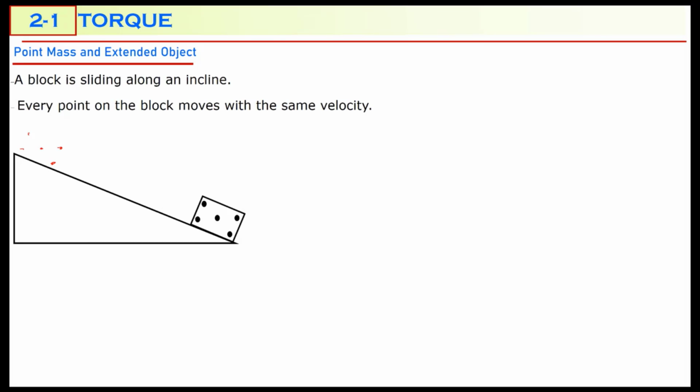Every point on this block, when it is sliding on an inclined plane, is moving with the same velocity. Their velocities are the same when they are moving. Which means that instead of studying all the points on this object, studying only one point can give the information about the motion of all other points on this object.